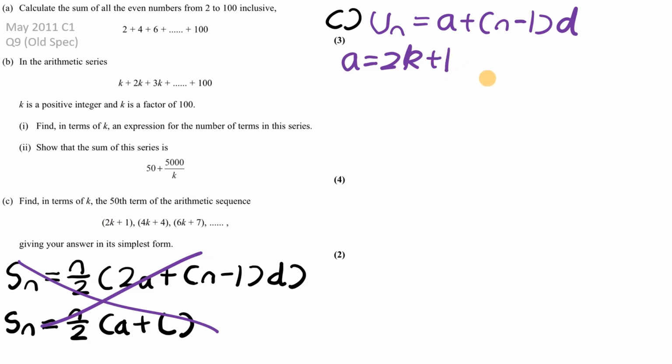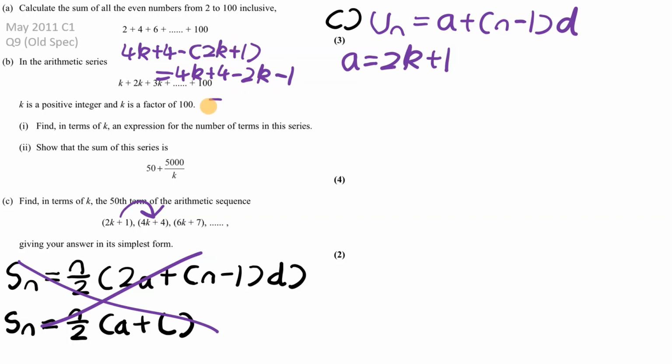Okay, so a is the first term, and we can see that the first term is 2k plus 1. Okay, so d is the common difference, and we can see that the difference between 2k plus 1 and 4k plus 4, so it's going to be 4k plus 4 minus (2k plus 1), and if we expand this bracket here, it's going to be 4k plus 4 minus 2k minus 1.